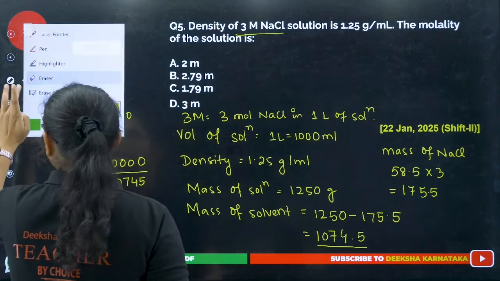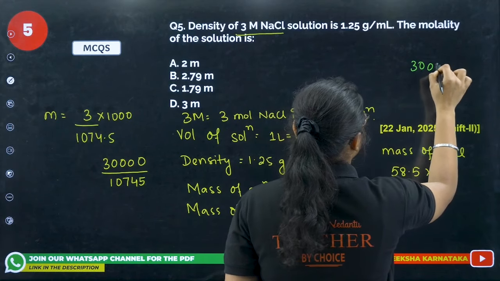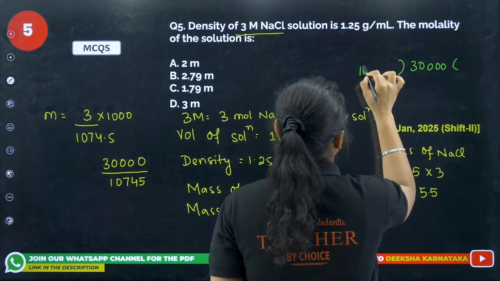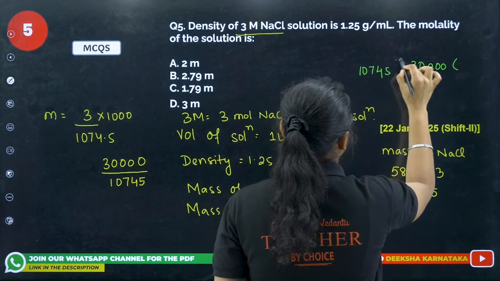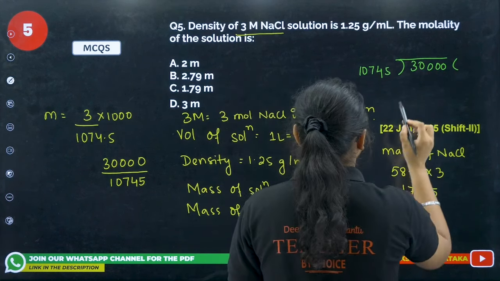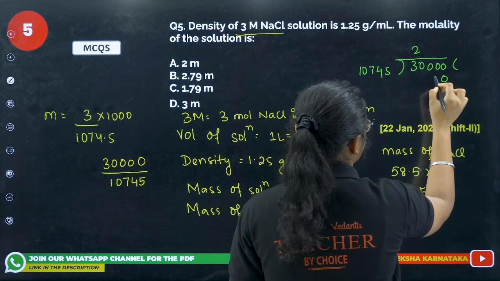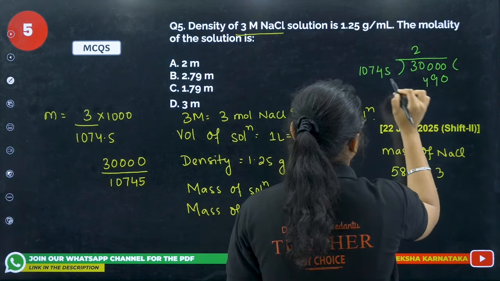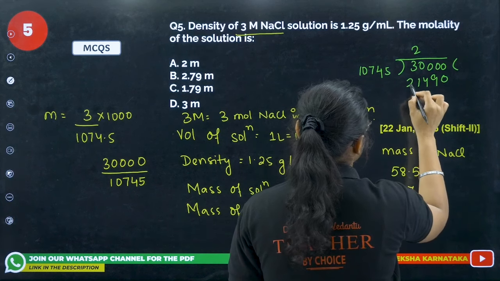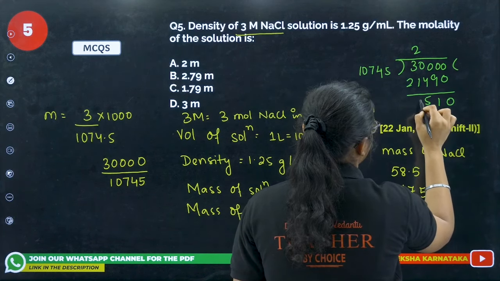We have 30,000 divided by 1074.5. So here I can take first 2, 2 5s are 10, 2 4s are 8 plus 1, 9, 2 7s are 14, 2 zeros are 0 plus 1, 2 1s are 2. So 0, 10 minus 9 1, 9 minus 4 5, 9 minus 1 8.